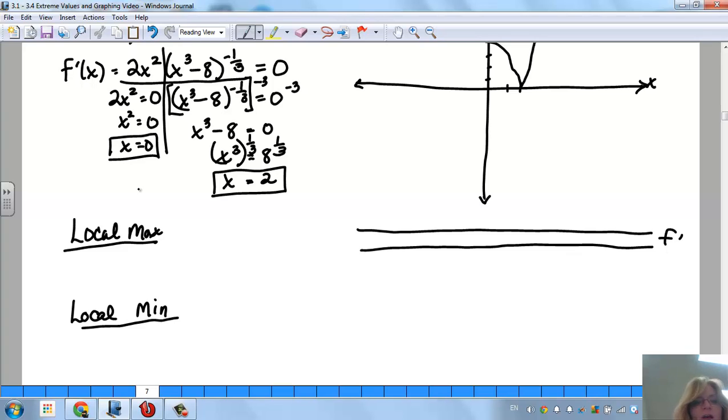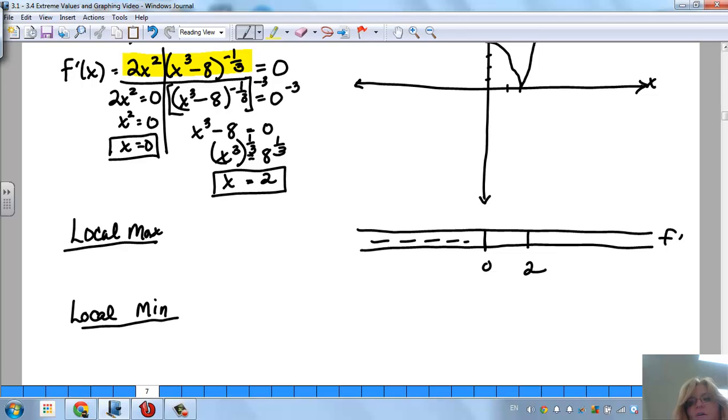I'm going to put 0 here and 2 down here, and I'm going to go back to the factored one like we've been doing. We're going to put in something left of 0. If I put a negative 1, this is positive here, but x cubed minus 8 is negative. So this whole thing is negative.